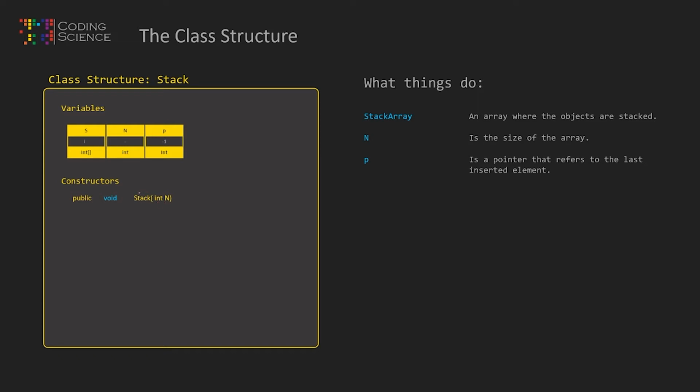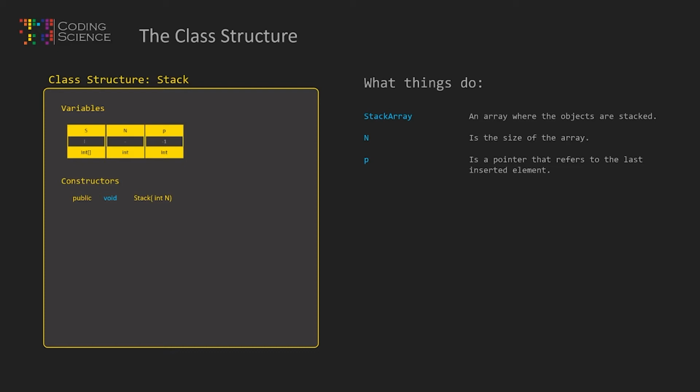So when you initialize your stack, you will have to write either 10 or any number that you wish, to set the number of cells you want in your stack. The constructor will not return anything, so we'll have a void here, and it needs to be public so that it can be accessed from outside of the class.